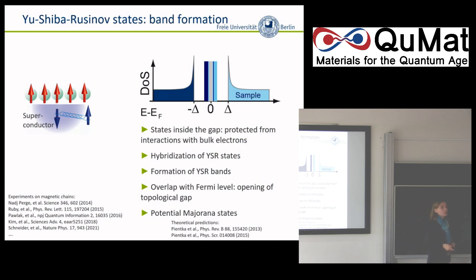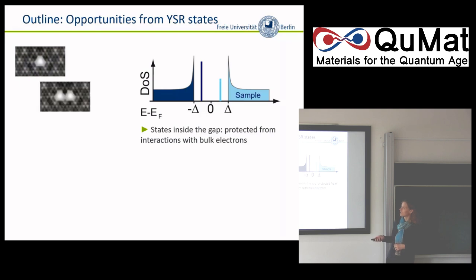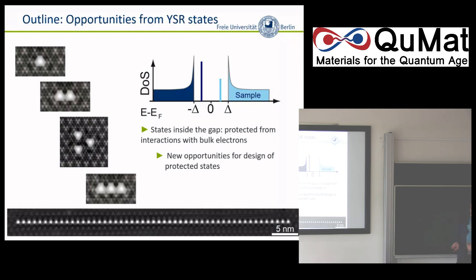So now let's say, do we see this in experiment? And therefore, I would like to guide you through some single atom things. So these would be a magnetic atom, just a single magnetic atom on niobium diselenide. I will go to the hybridization of two, construct also other adatom structures up to these chains to see band formation. So basically the steps that I was showing.